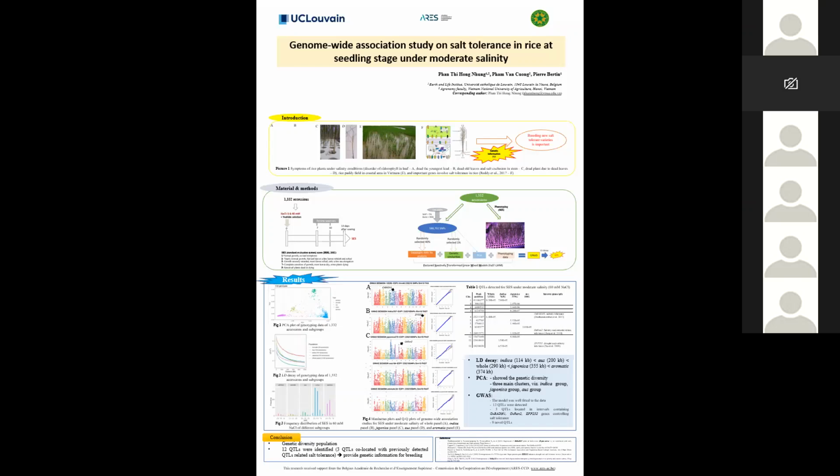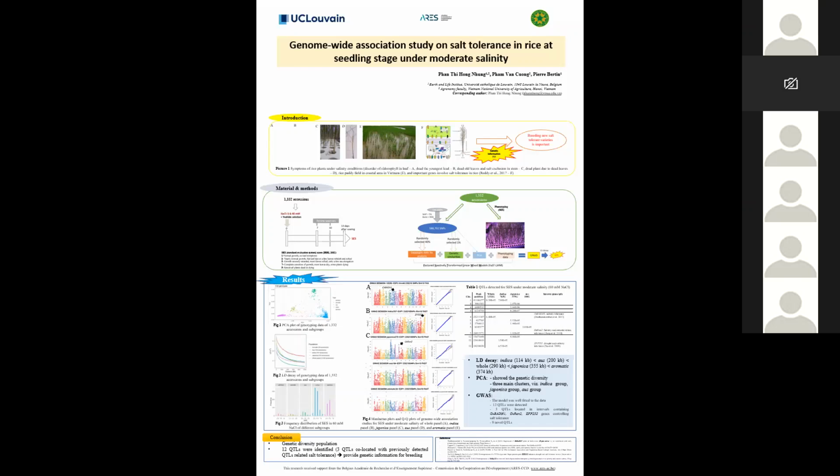It's obvious to see the different clusters: the purple color in the left corner is japonica rice, the blue color in the right corner is indica rice, and at the top is aus, or we can call boro. So we see the different groups, and aromatic and admixed are spread out in the plot.